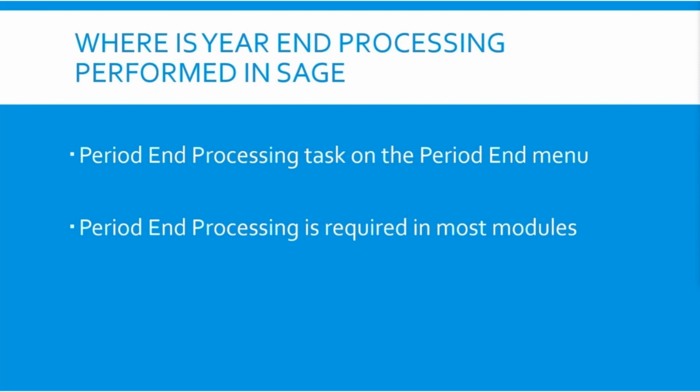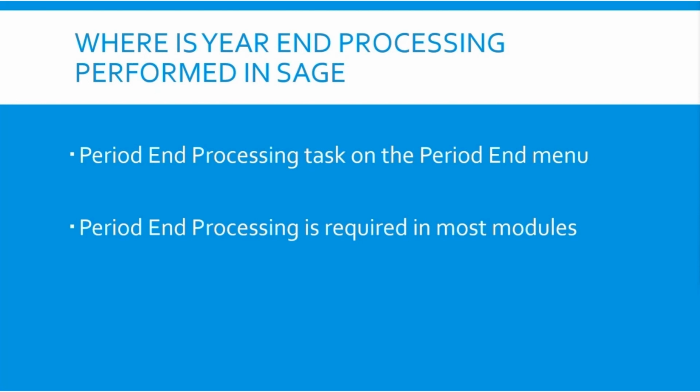There are a handful of transactional modules that don't have a period end task. Like if you're using the bill of material module, the work order module, the RMA module, or bank reconciliation, they do not have a period end, year end task. But all the other transactional modules do.